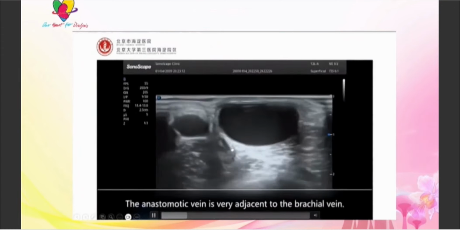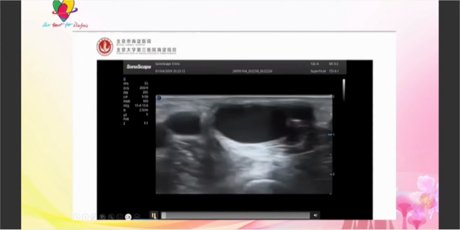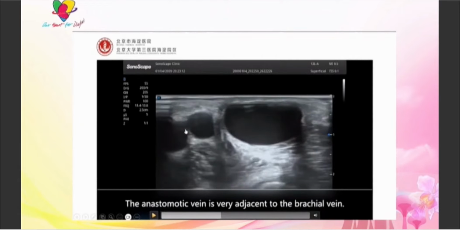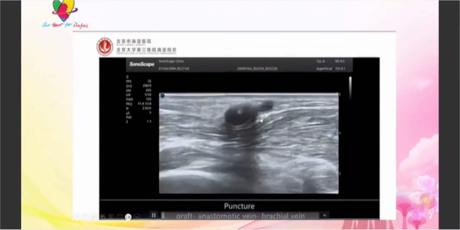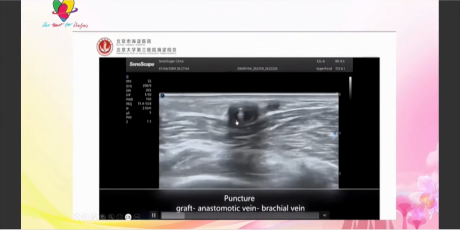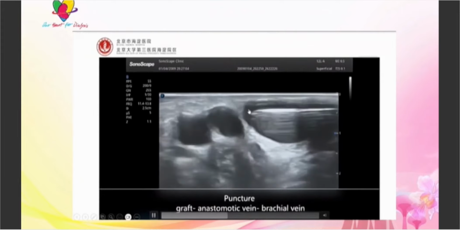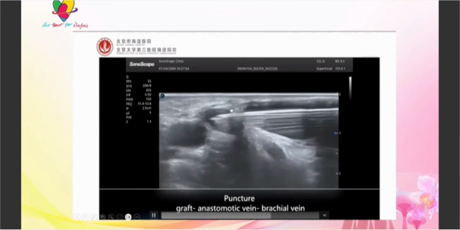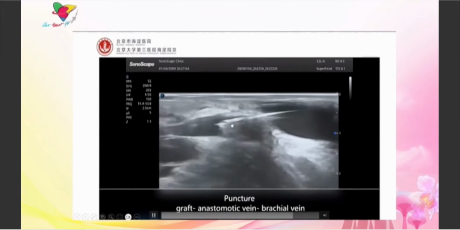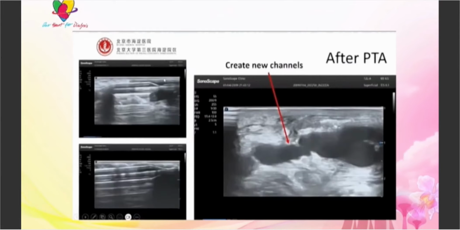Ultrasound shows that the anastomotic vein is very close to the brachial vein here. We puncture from the graft anastomotic vein to the brachial vein line. This is the brachial vein. And PTA, this is a new channel created.